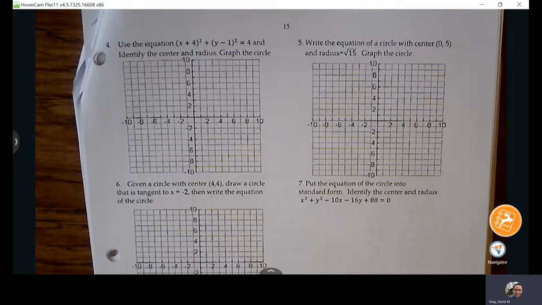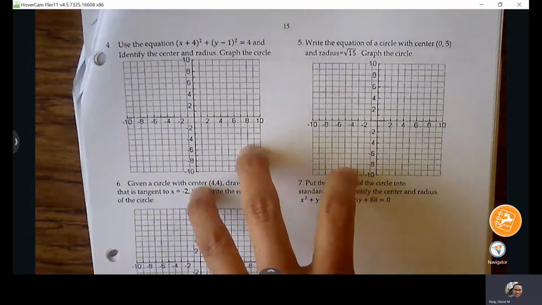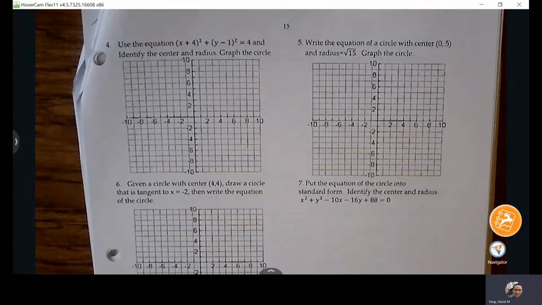So let's go to page 15 in your packet first, and then we'll do this. Okay, Megan, you can go ahead and start on this. Okay, so page 15. Go ahead and start.